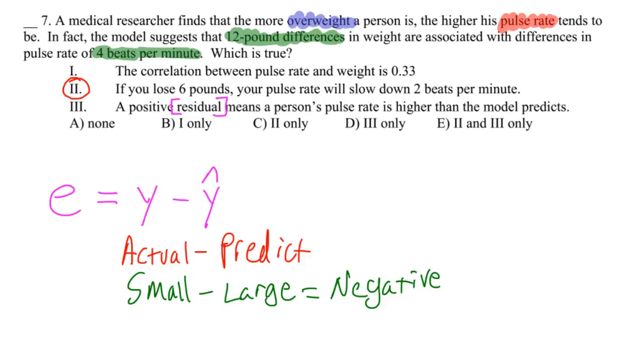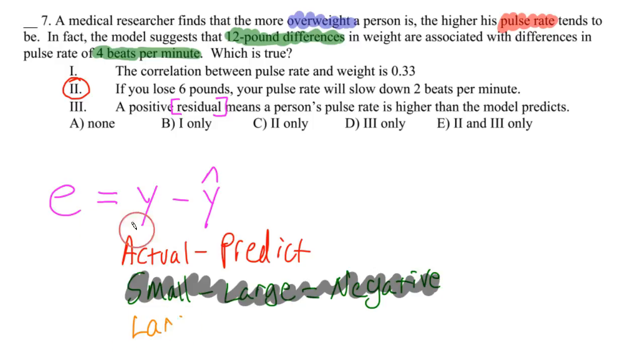Well, since it didn't happen that way, because we said in statement number 3 that the residual had to be positive, what they're suggesting is that the actual value was the large number. And if we subtract the small number from it, hello, helps if I write the word small, this would come out to be positive.